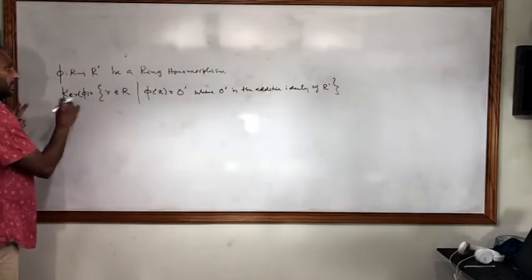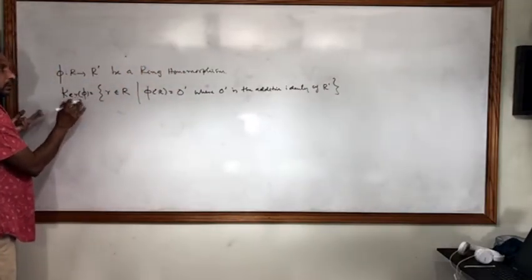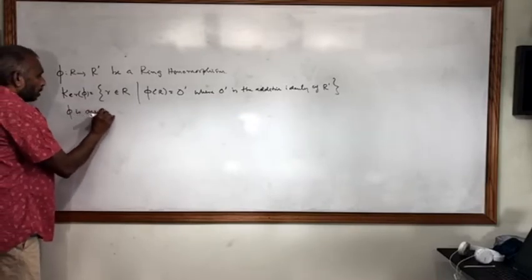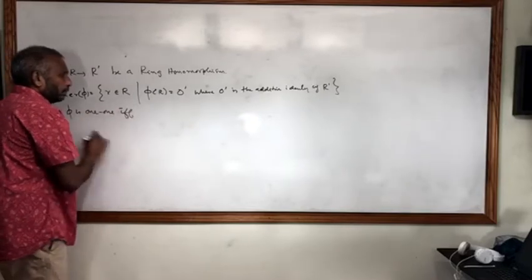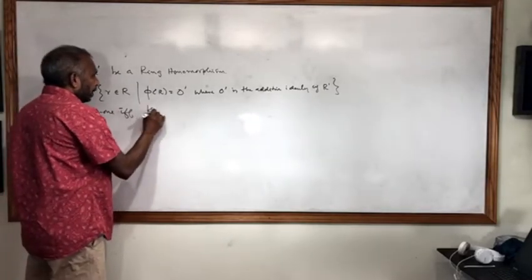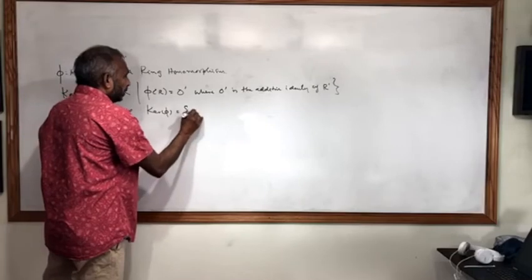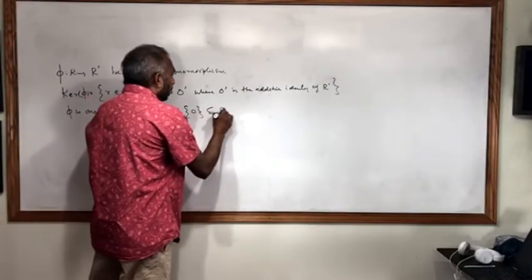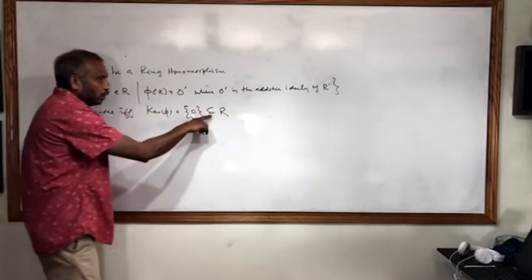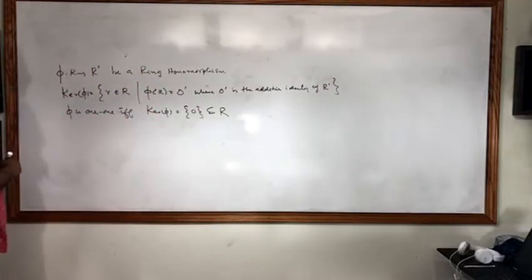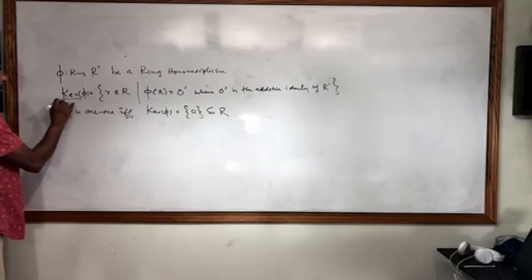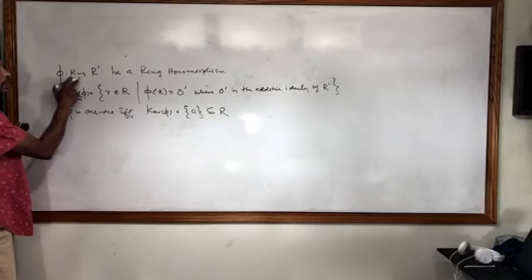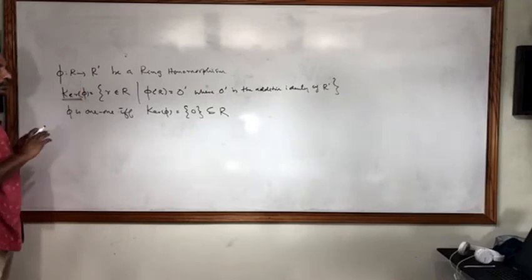This is exactly the same as for groups. Now phi is 1-1 if and only if the kernel of phi is equal to the trivial subgroup of R. This is actually a subgroup, not a subring. So the kernel is only a group property. It is not a part of the ring homomorphism. It's a group homomorphism.